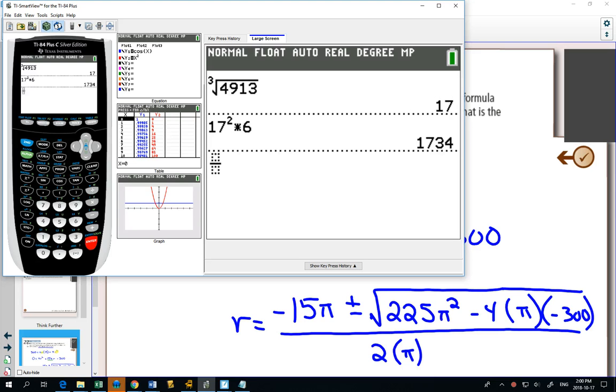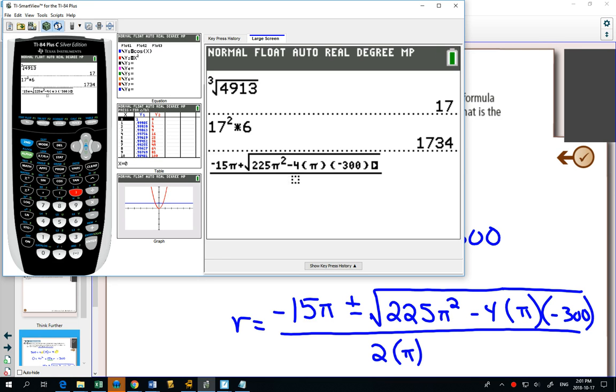Okay, so I've got negative 15 pi. I'm going to do the plus one first. Square root 225 pi squared minus 4 bracket pi bracket negative 300.